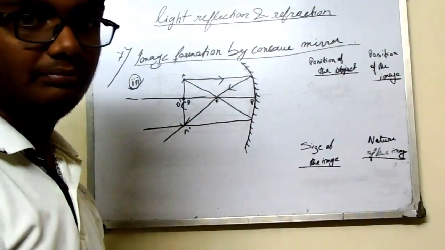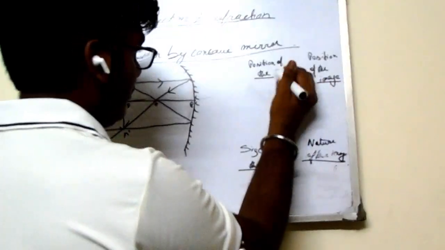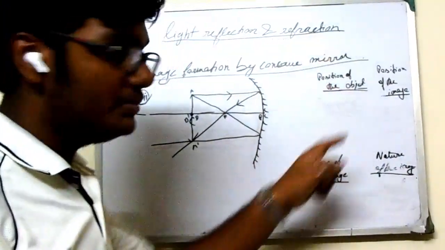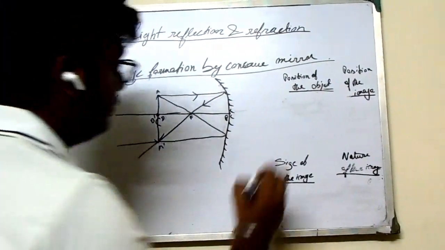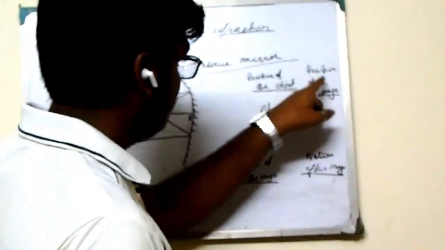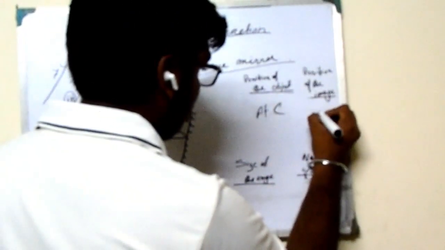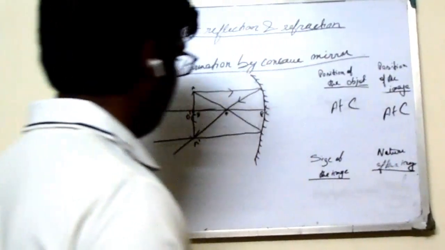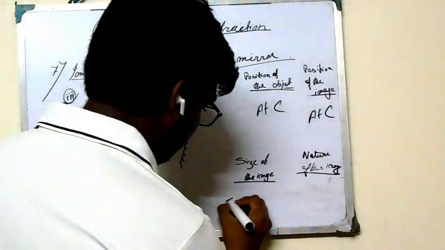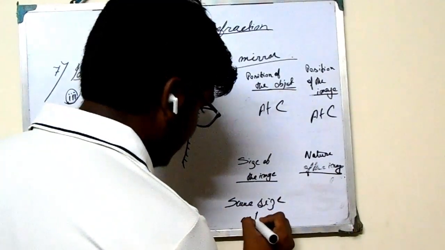What will it be? Position of the object at C. Position of the image, it is also at C. Size of the image, same size as the object.